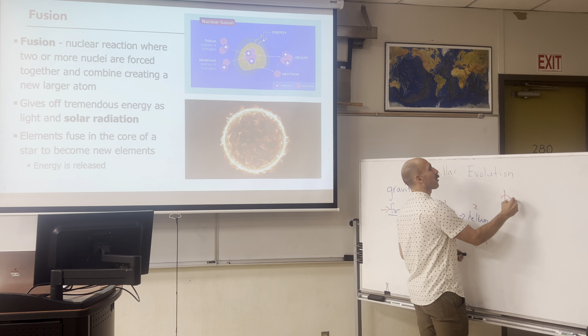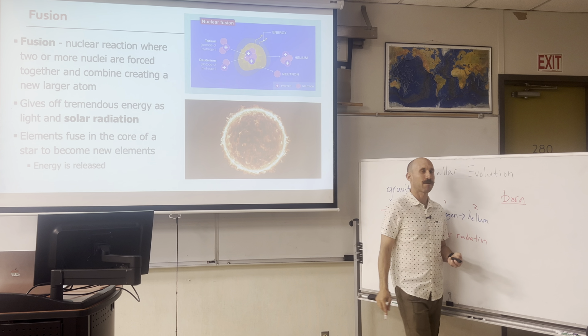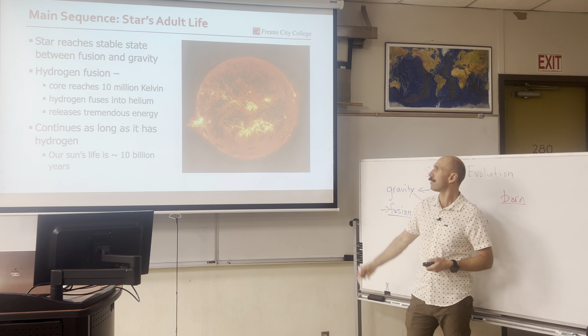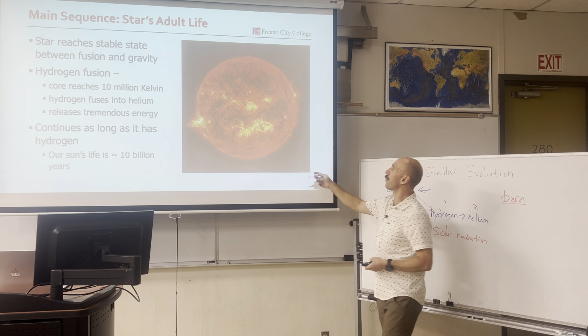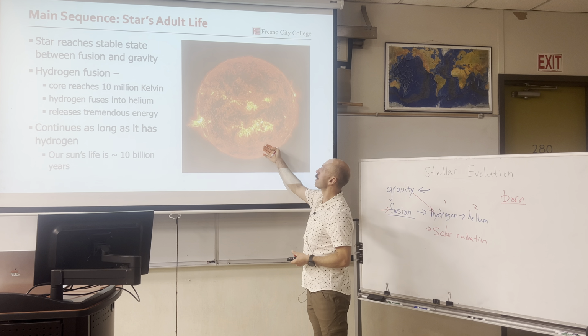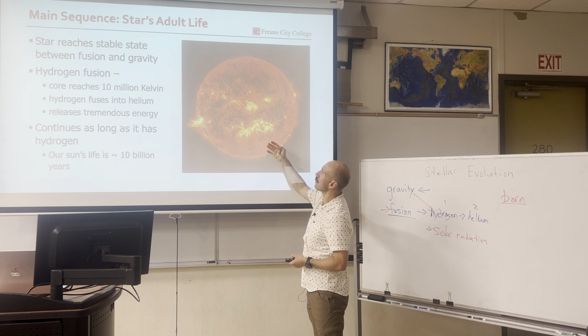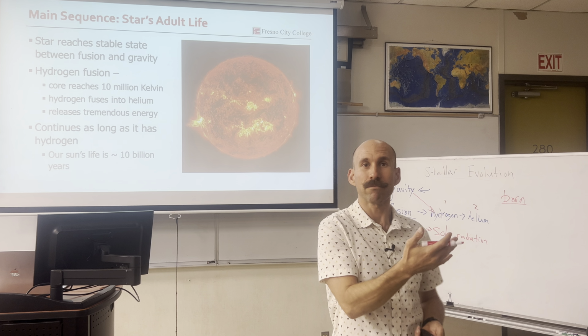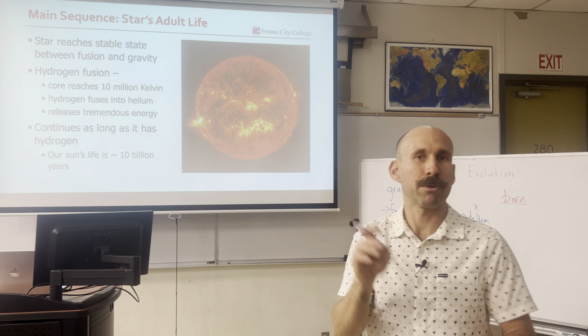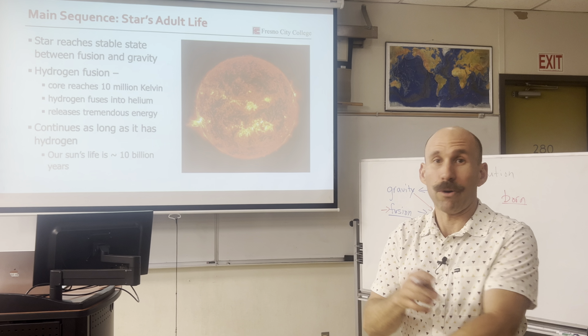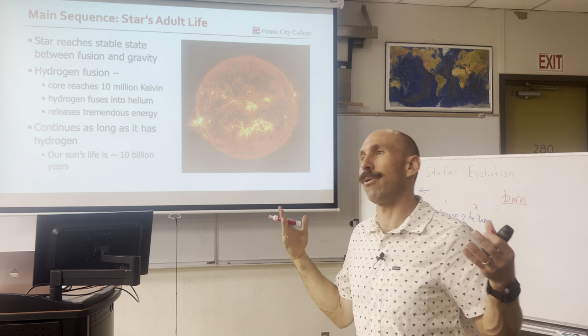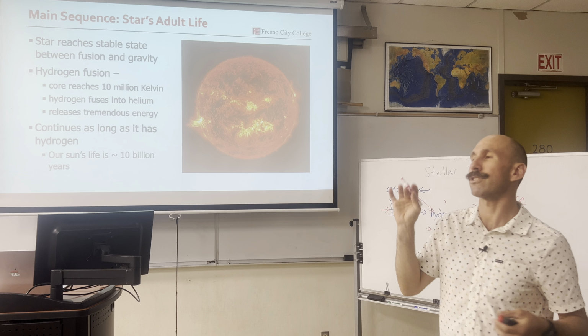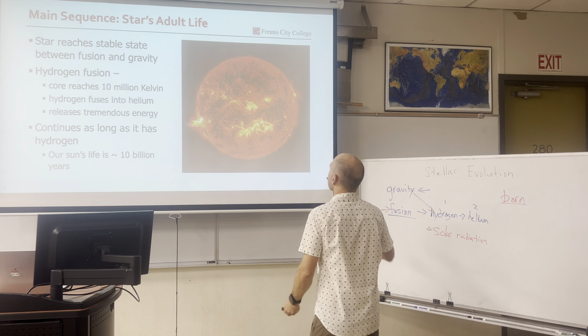A star is born, like our star, and it's giving off light. Well, that light that it emits, it becomes stable between the amount of fusion and gravity. Our sun is about 4.6 billion years old. It's how old the solar system is. It's how old Earth is. The universe is 13.8. And it's stable.